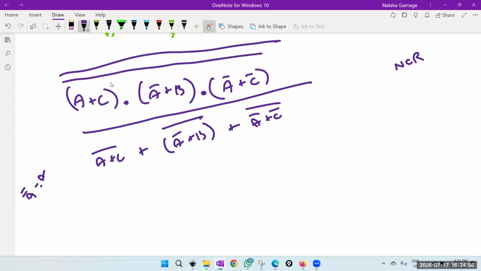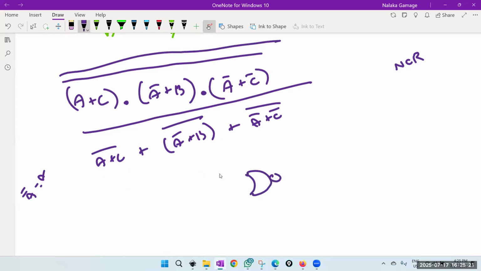This time I use De Morgan's rule the other way, because I want NOR gates rather than OR gates. Right, so now this is a NOR gate, this is a NOR gate, this is a NOR gate, and this is a big NOR gate.